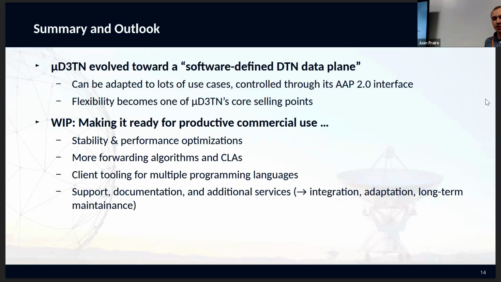And we are also planning to provide more tooling, more forwarding algorithms, CLIs, and so on, because that's still quite minimal at the moment. But documentation and additional services are also, of course, one focus point, so that we have really the whole package of a commercially usable DTN protocol implementation at some point.